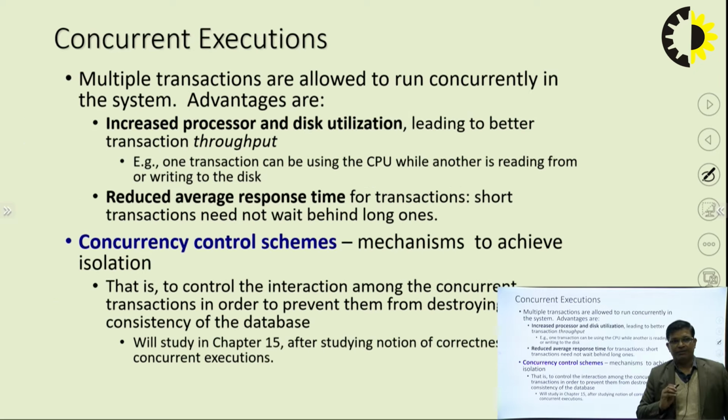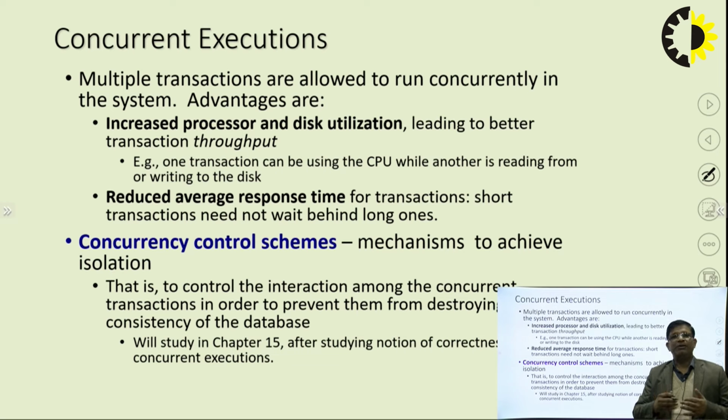Concurrent execution. Let's say, for example, we are talking about transactions; there are many operations. If these operations are done serially, then it is called a serial transaction. But we are using a good computer configuration.